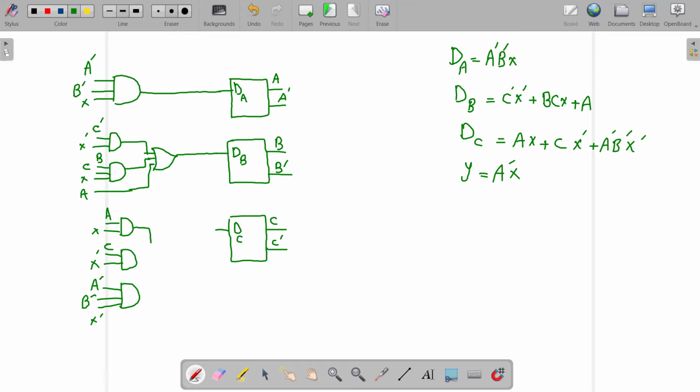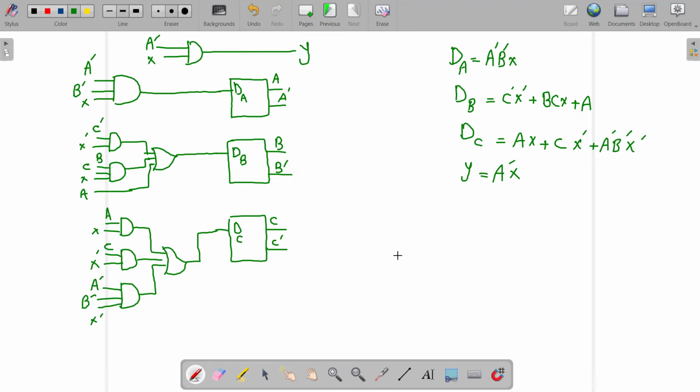Again, OR all of them, then connected to the D of C, and at the end, using the A prime and X, we can produce the output Y.